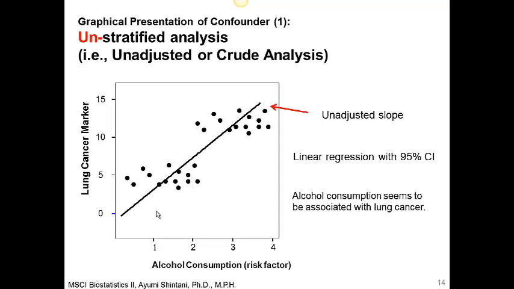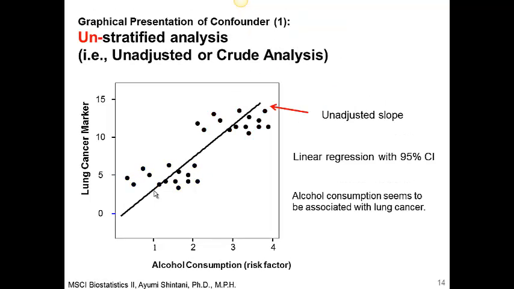This graph is showing the relationship between alcohol consumption and a lung cancer marker. When you have data like this, you may draw a regression line like this, and you may conclude there is a statistically significant association between alcohol consumption and lung cancer.